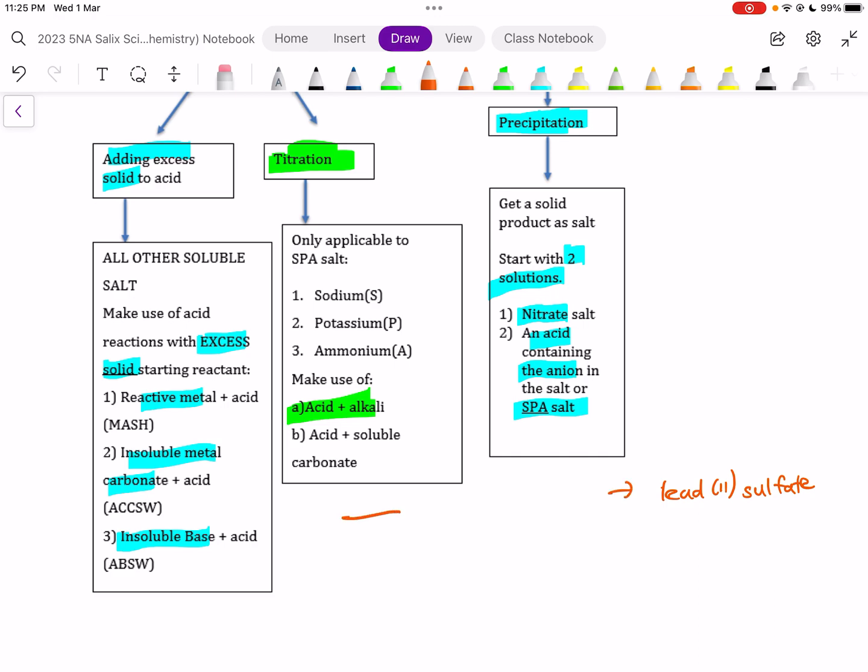One is something nitrate, the other one is something sulfate, or otherwise sulfuric acid also can. So for the first one you put lead 2 nitrate. The other one you can put something like sodium sulfate, any Group 1 salt, or otherwise potassium sulfate or even ammonium sulfate. That's what you can do.